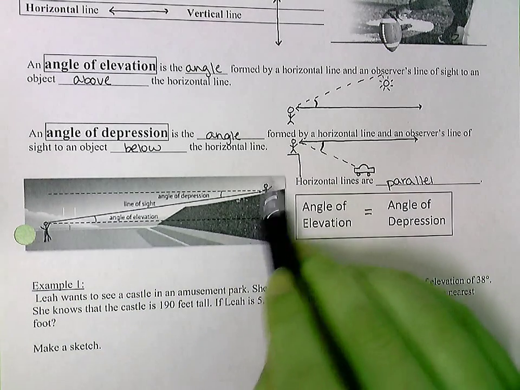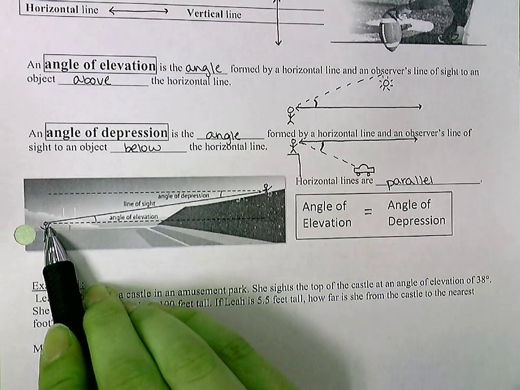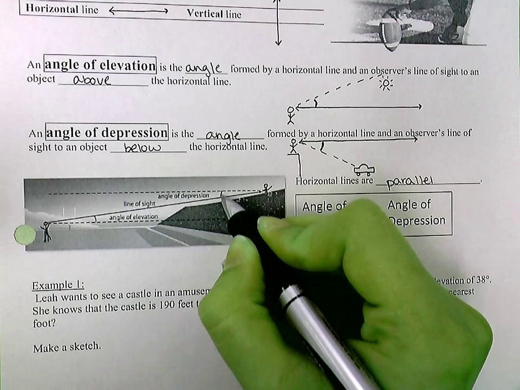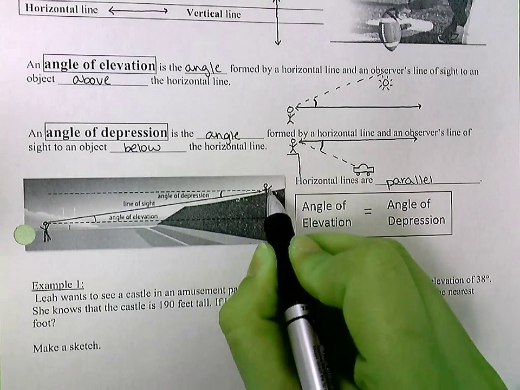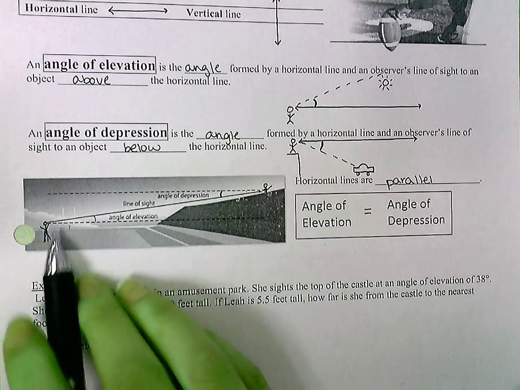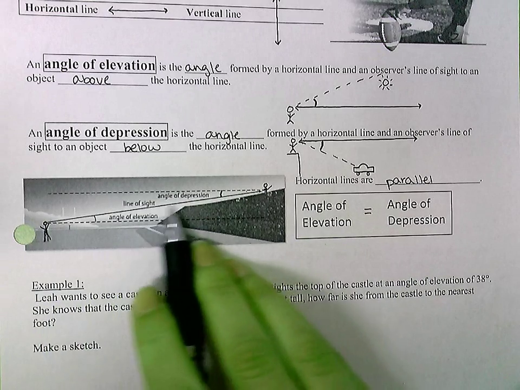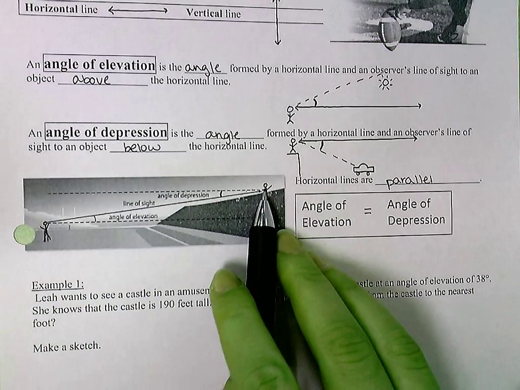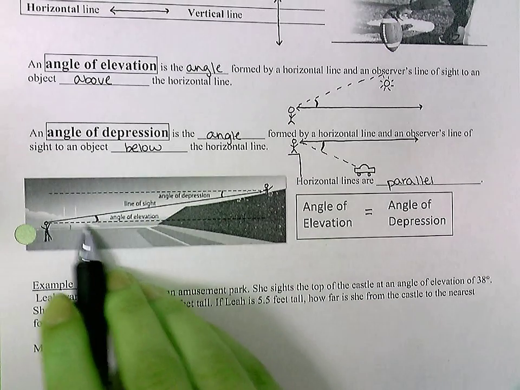Now the guy up here is looking down at the guy down here, so your angle of depression would be this angle, between that horizontal and that line of sight to the guy below. Now the guy below, his horizontal's here, and he's looking up at the guy above. Now that would be your angle of elevation right here.